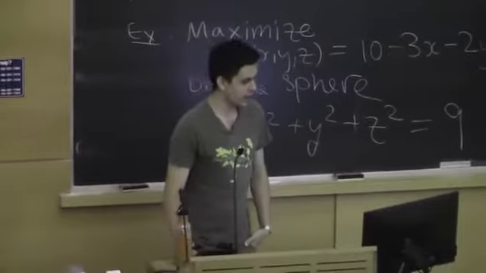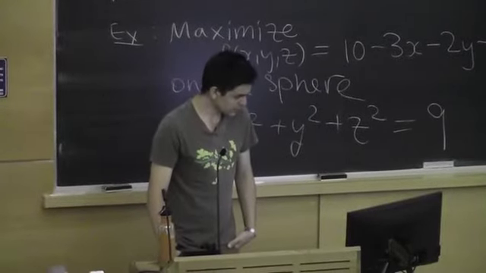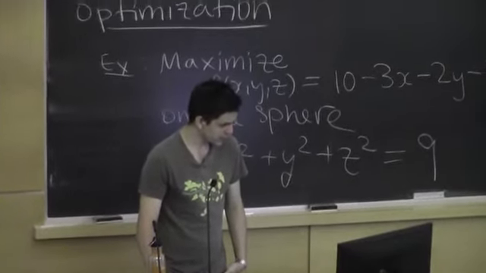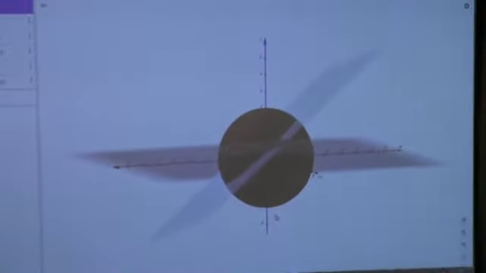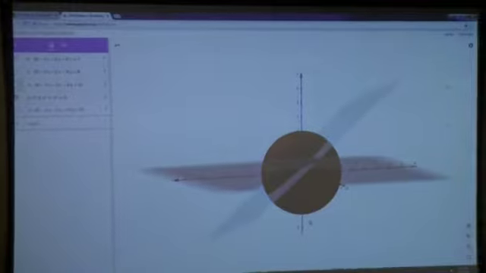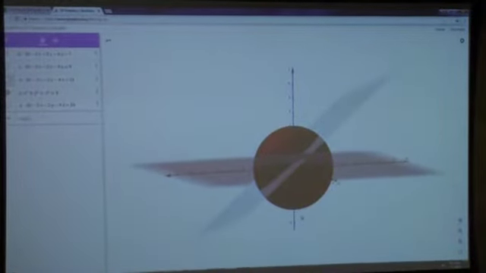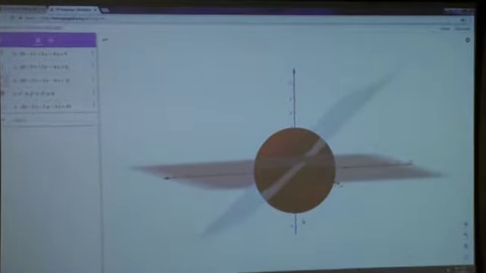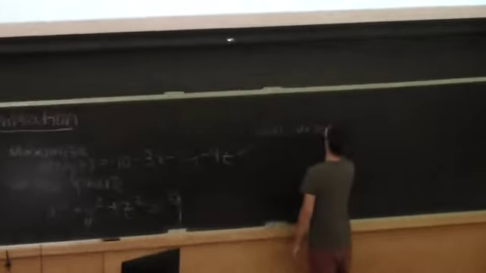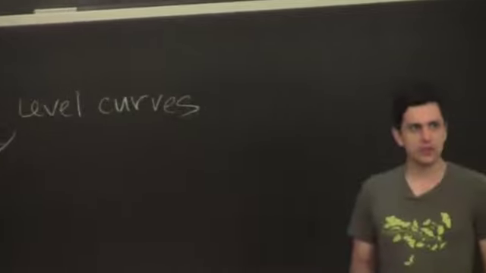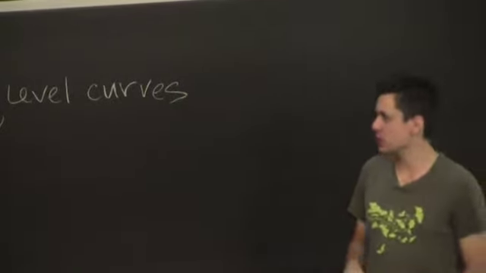All right. So the key idea here is to think of level curves of this function. So we're going to pay attention to level curves of this guy. Level curves, we've seen them before when doing contour plots.